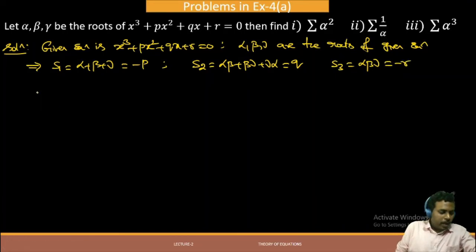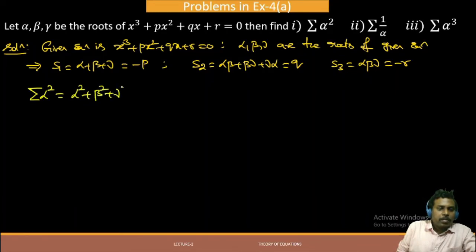Now you are asked to find out this quantity, summation alpha square. Let us try to understand this summation notation. Summation alpha square means what? Alpha square plus beta square plus gamma square. So this is the quantity that we have to find out.